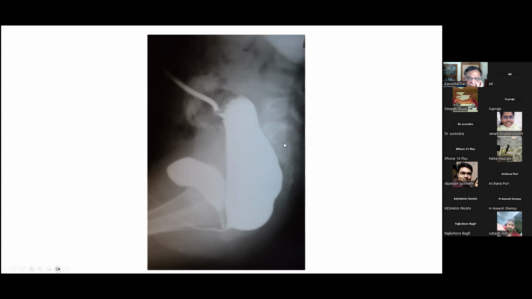How do you repair the injury? Any technical points? Sir, we'll have to place some intervening tissue between the rectum and the urethral repair, sir. Okay, that you will do. When you close the urethra, is there anything that you are careful about? The way you close it? So the bite should not include the Foley's catheter.